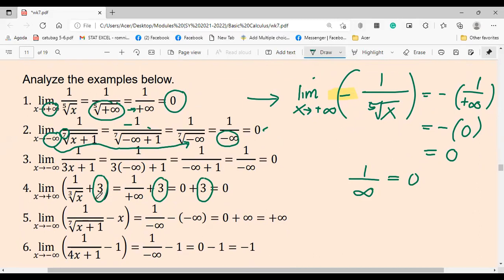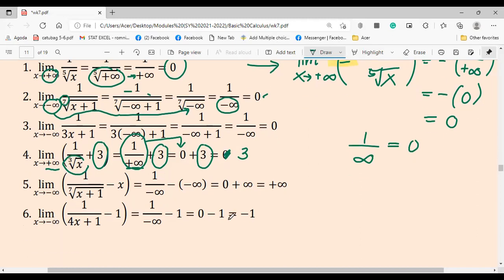Just like here in number 4, 1 over cube root of x, as x approaches positive infinity, we know that cube root of x increases without bound as x increases also. So 1 over infinity is 0. So ang 0, add mo sa 3. Okay, this must be 3. Please recognize the typo error. That must be 3.